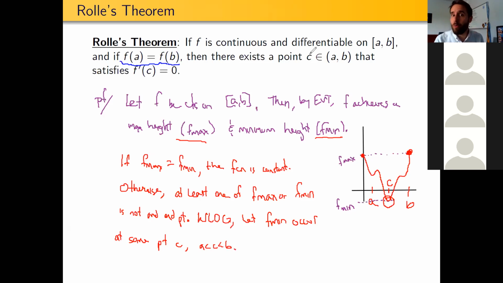Now the argument that we want to make is that f prime of c must equal 0, right? So we want to show f prime of c must equal 0. From the picture, it seems pretty clear that's our end goal. The tangent line there is flat. But we should explicitly show this.